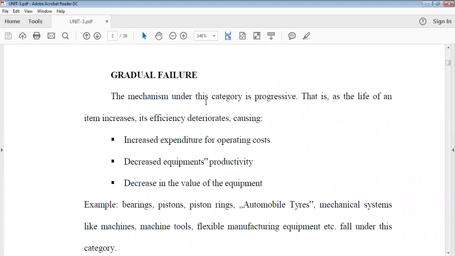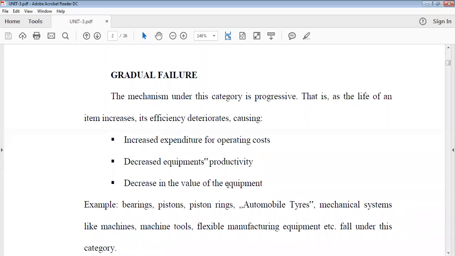the mechanism under this category is progressive. As the life of an item increases, its efficiency deteriorates, causing increased expenditure for operating cost, decreased equipment productivity, and a decrease in the value of the equipment.